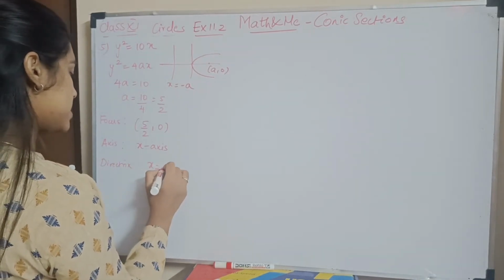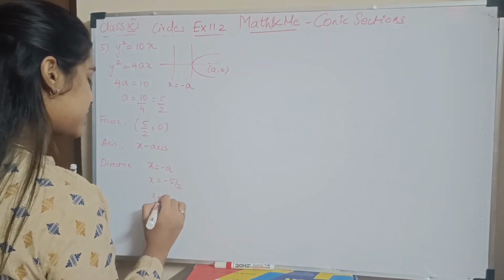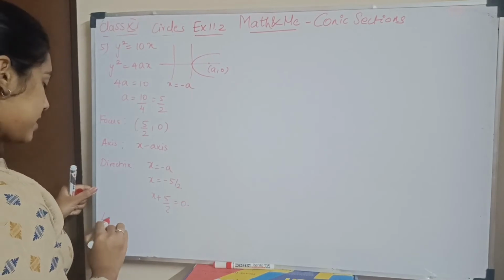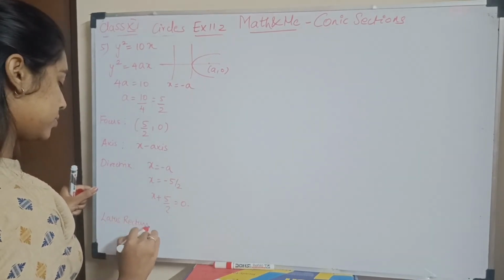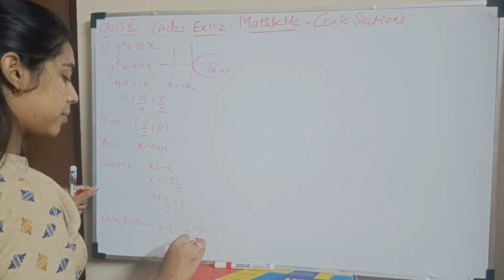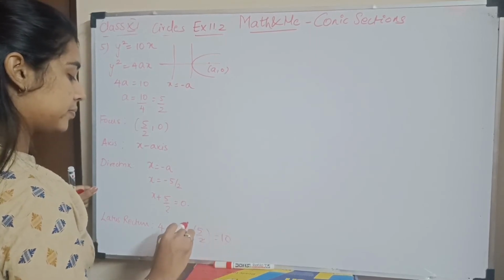It's x equals minus a. X equals minus 5 by 2. So x plus 5 by 2 equals 0. So what is the latus rectum? It's 4a, which is 4 times 5 by 2. 2 and 4 will get cancelled. I'm left with 10. Okay.